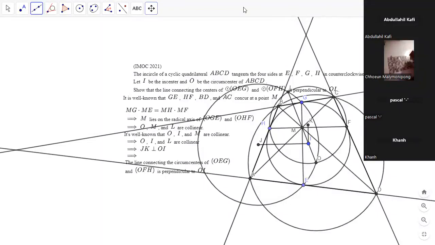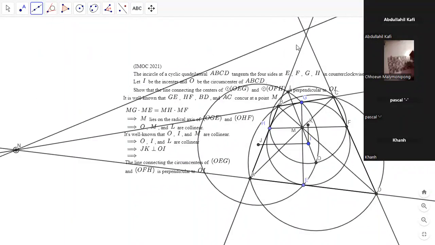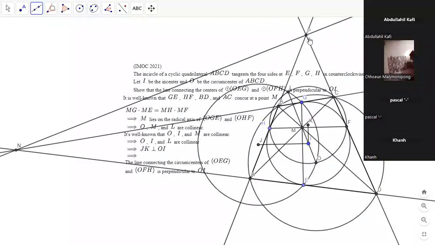Wait a minute. I see, you're saying OM is perpendicular to NP, and IM. So basically, I think EH and GF meet on that.